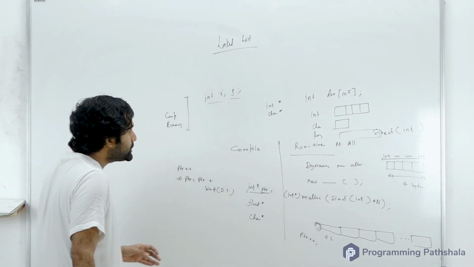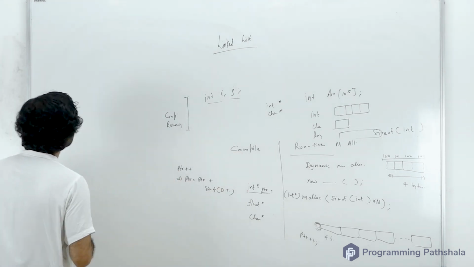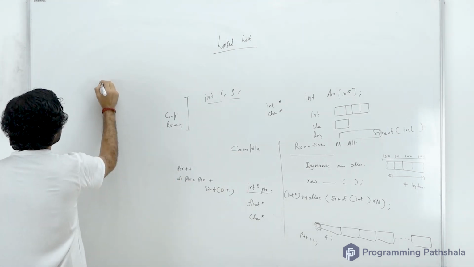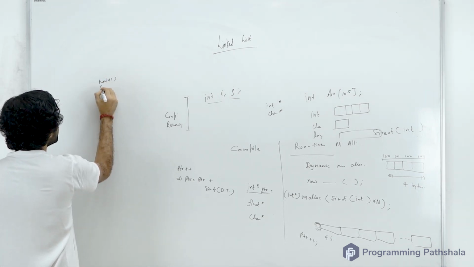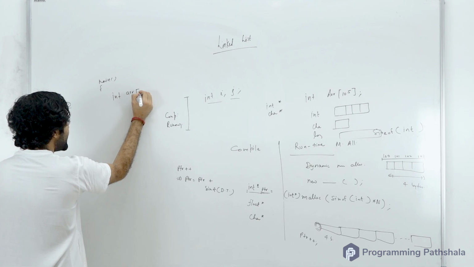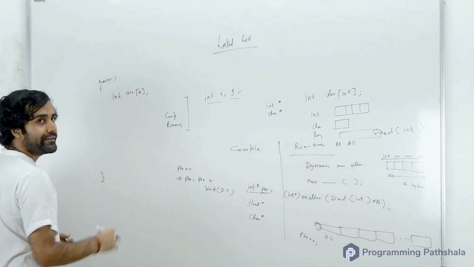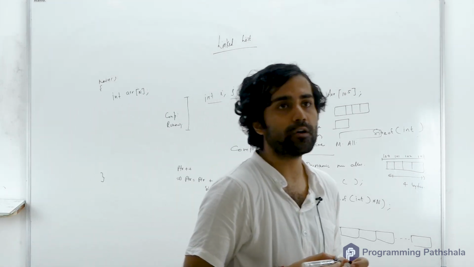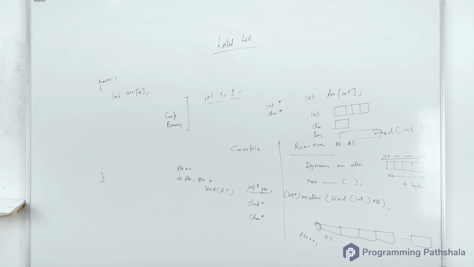Yeah. So see, I have seen that certain times what you guys do is, in your main function, you declare an array of size n. You do it, right? Instead of declaring an array of size 100, you declare an array of size n, where n is a variable.